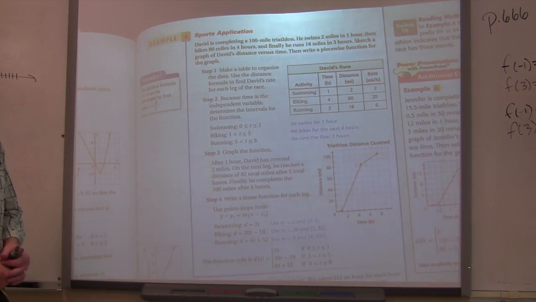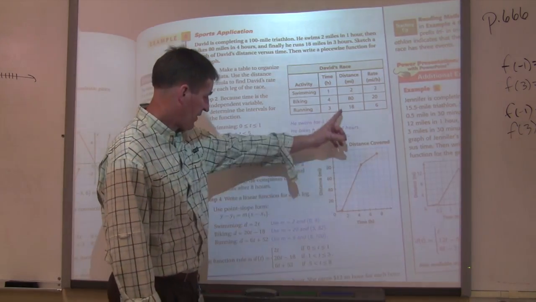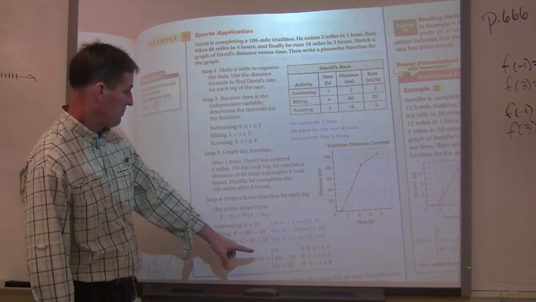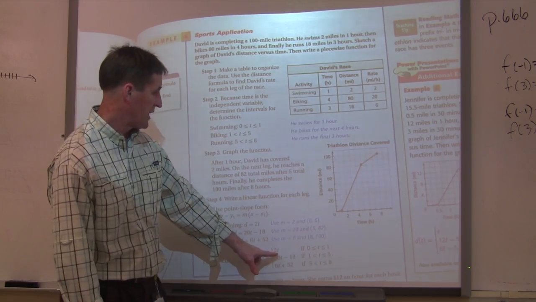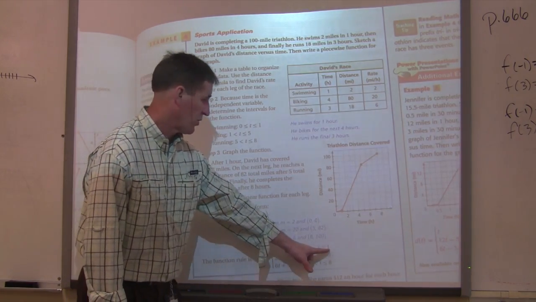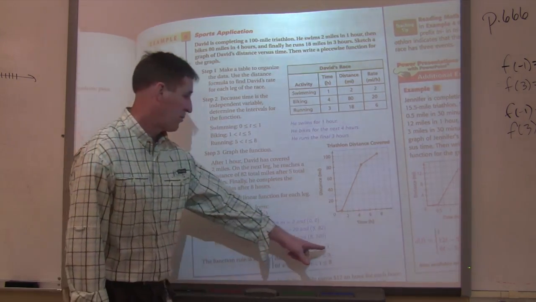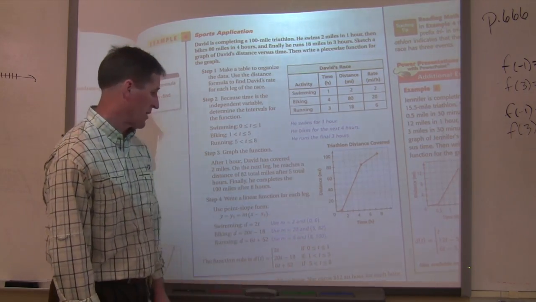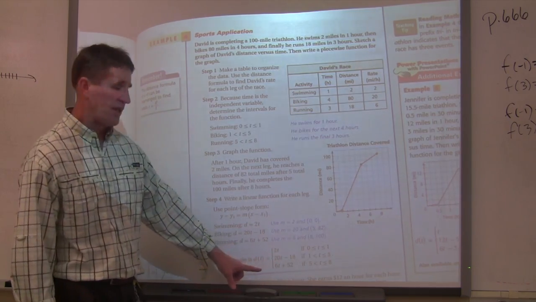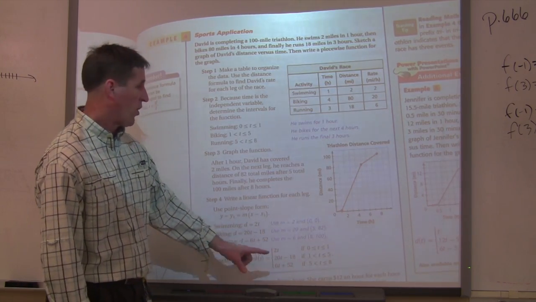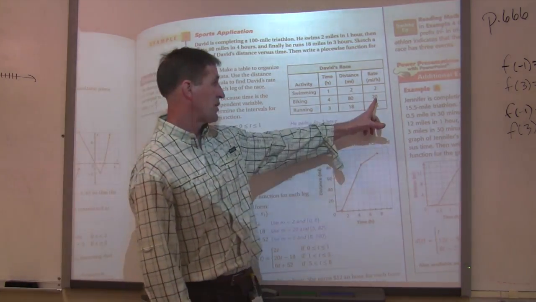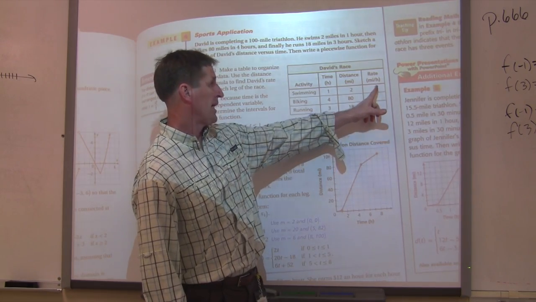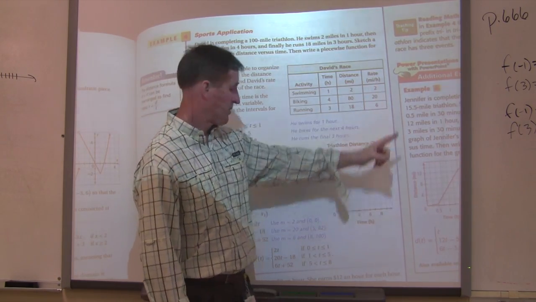All right? So as we go to write the function for this, the function rule, you can see that we've got 2t for 0 to 1 hour. We put in the 1 hour and he's gone 2 miles. Now it gets a little tricky as you get to these other ones because we know that after 2 miles, since he's going 20 miles per hour, he's only going to be at 22 miles.